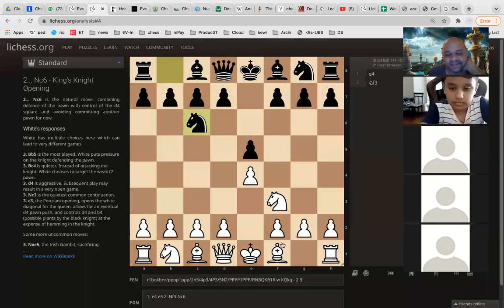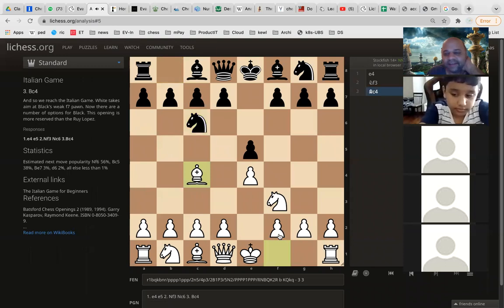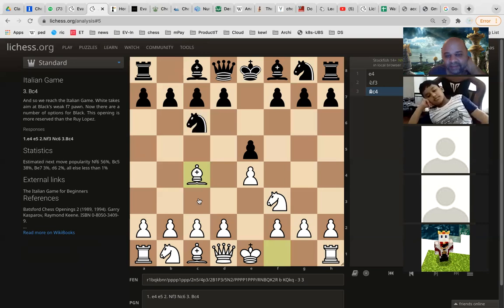Now bishop to C4. In descriptive notation here, it will be bishop to... not C, C is algebraic. Here you will write it as QB4, right? This is the queen bishop file, and 1, 2, 3, 4.